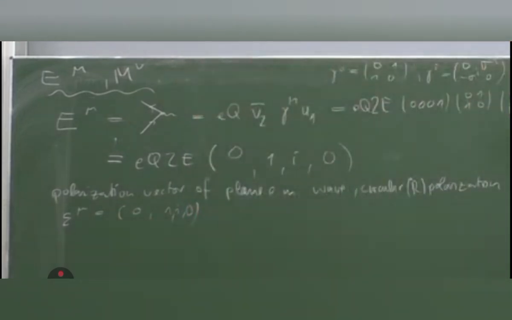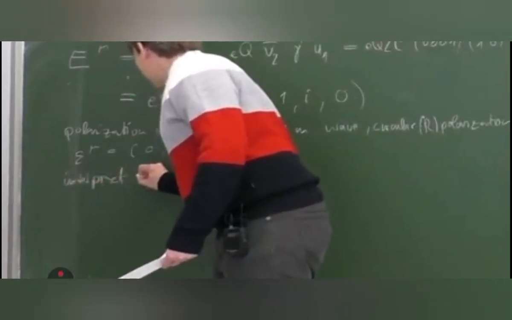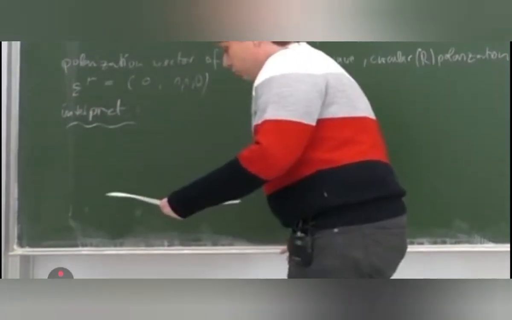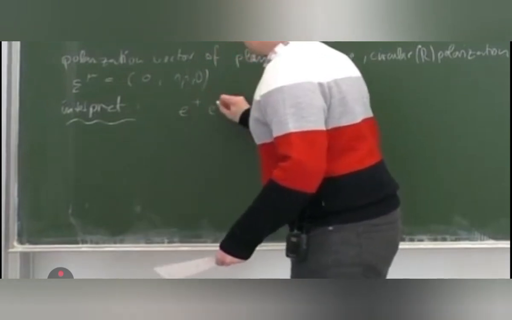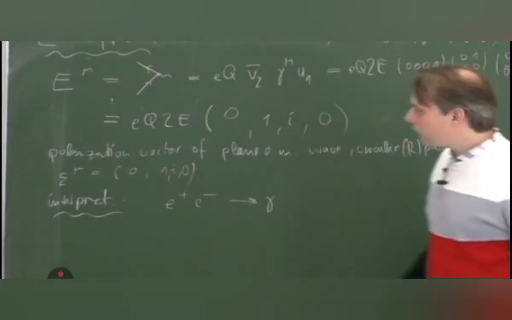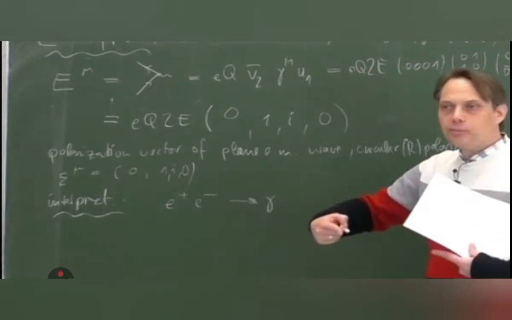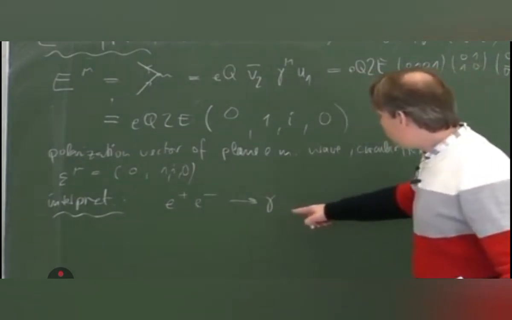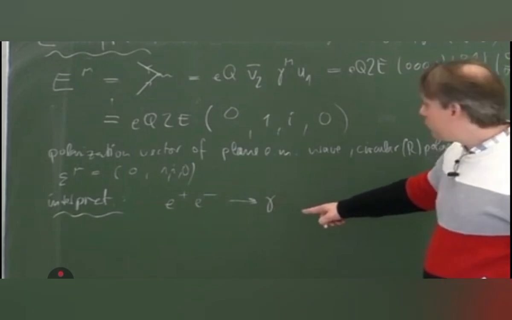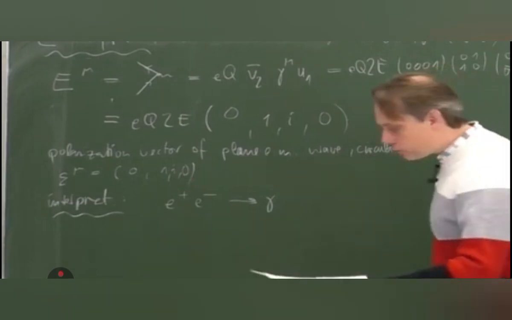Our calculation automatically provides us with such a polarization vector, so we can interpret this in a physical way. We have here half of our process, E plus E minus goes into a photon, and the helicities of E plus E minus are such that the spins add up to +1, and therefore we produce a photon with spin or helicity +1, and that corresponds to such a plane wave with this circular polarization.